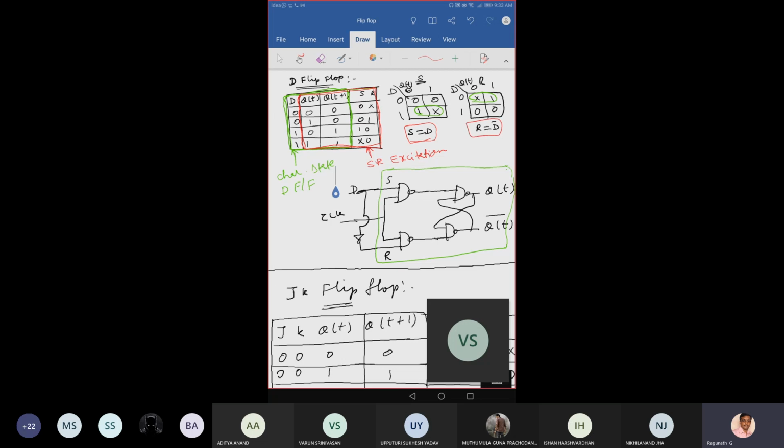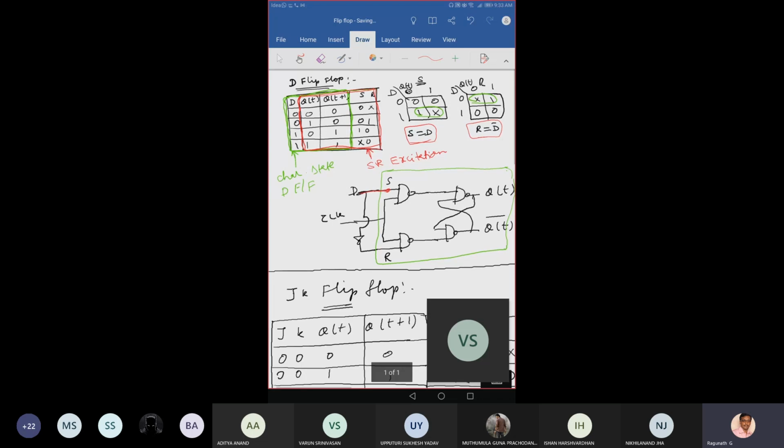What is the S value? D. And what is the R value? D bar. So now D should be connected to S. Please understand, this is the S. And what is this one? After the NOT gate output here.